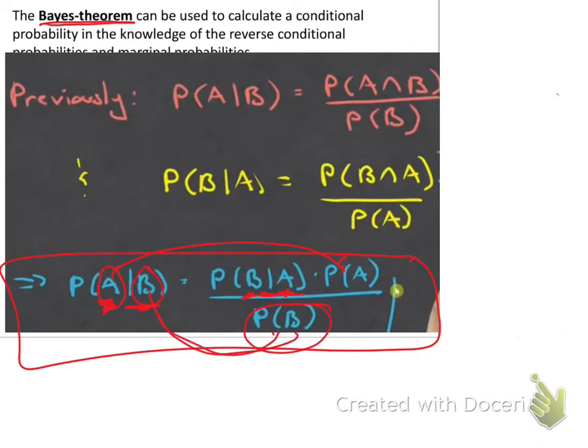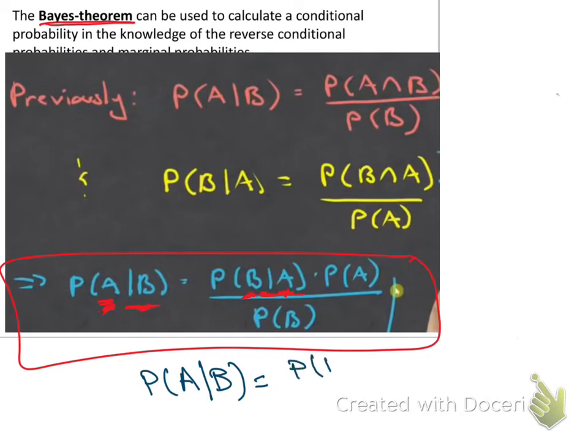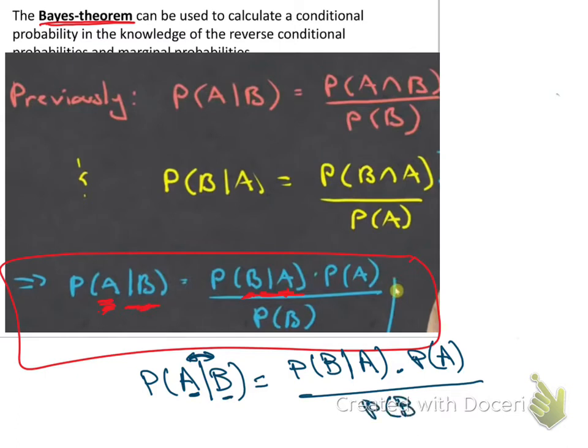Again, the probability of A given B equals the probability of B given A, I swap them, times the probability of the first one, probability of A, divided by the probability of the last one, probability of B. This is called Bayes' theorem.